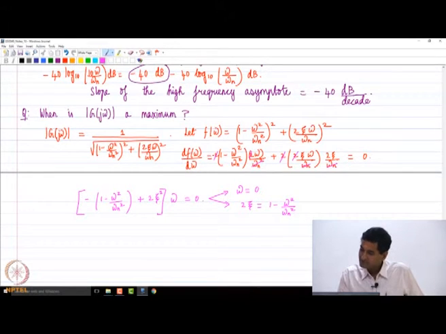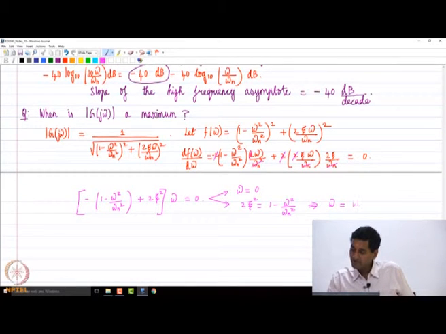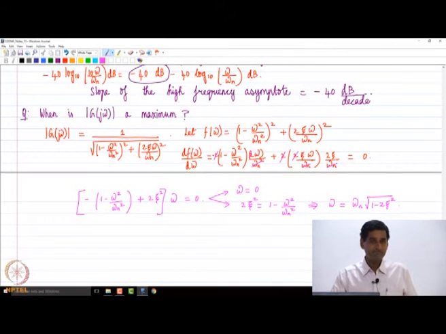Yeah, I missed a zeta here. So, this tells me that omega can also be omega n times the square root of 1 minus 2 zeta squared. I am just rearranging the terms and doing some simple algebra.